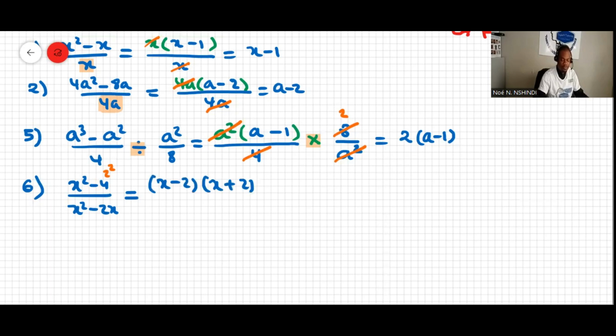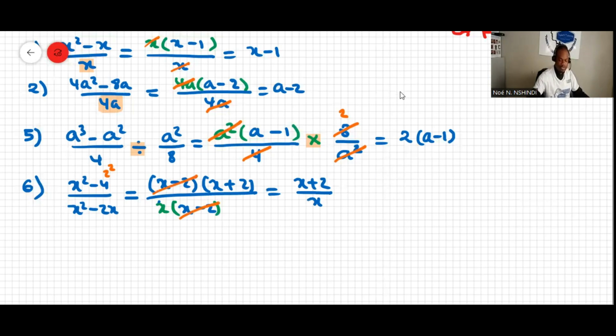At the denominator, if I take the common factor, it will be x, so it's going to be x minus 2. Now we can simplify the x minus 2, and the answer will be x plus 2 over x. From here we can't simplify further, so we can stop here. It's not really necessary to write it another way, but let's just stop there.